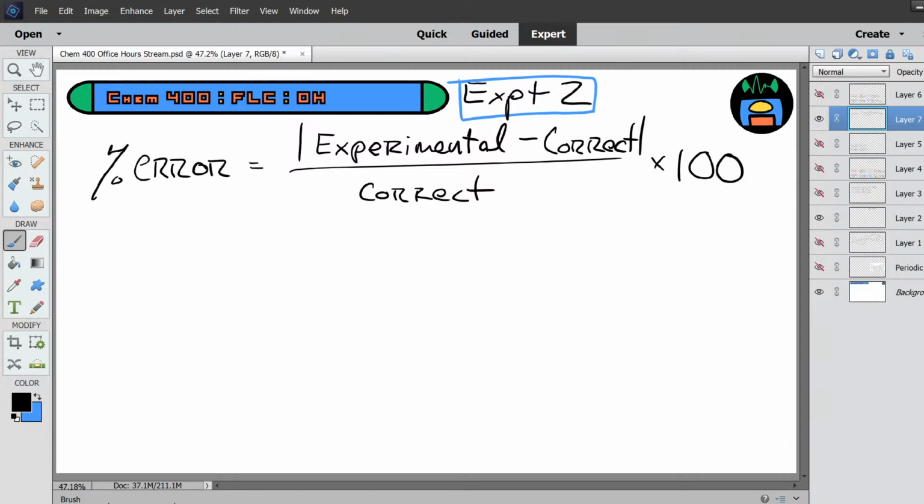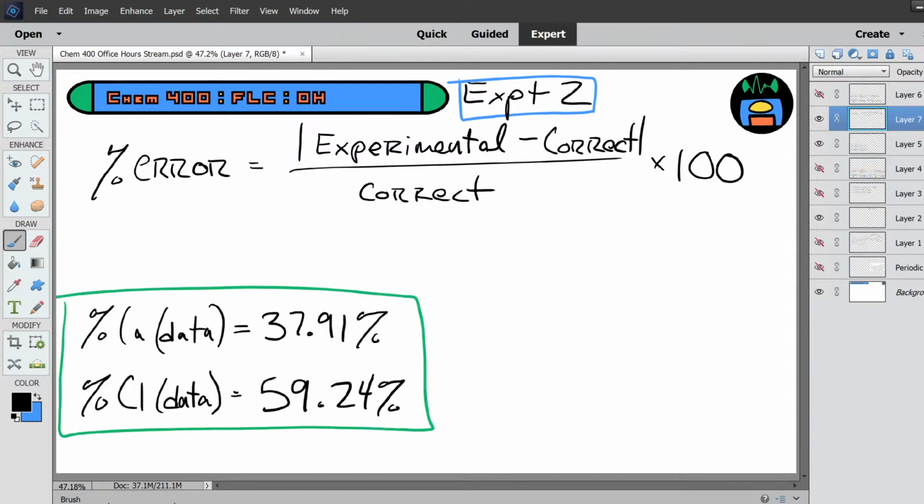So this is the calculation for percent error, and when we calculate the percent error for our data for calcium and percent chloride that we got from our data, the experimental values are the ones that we just calculated.